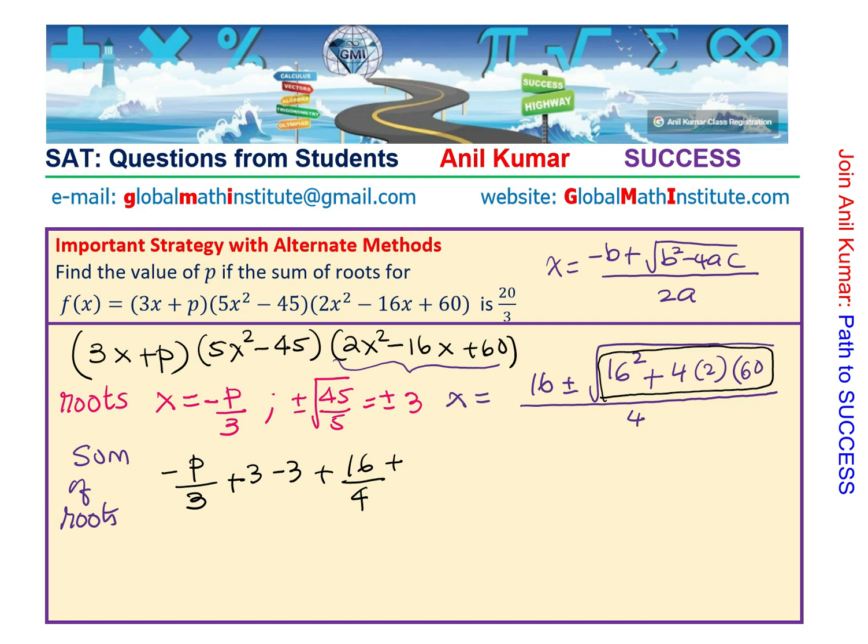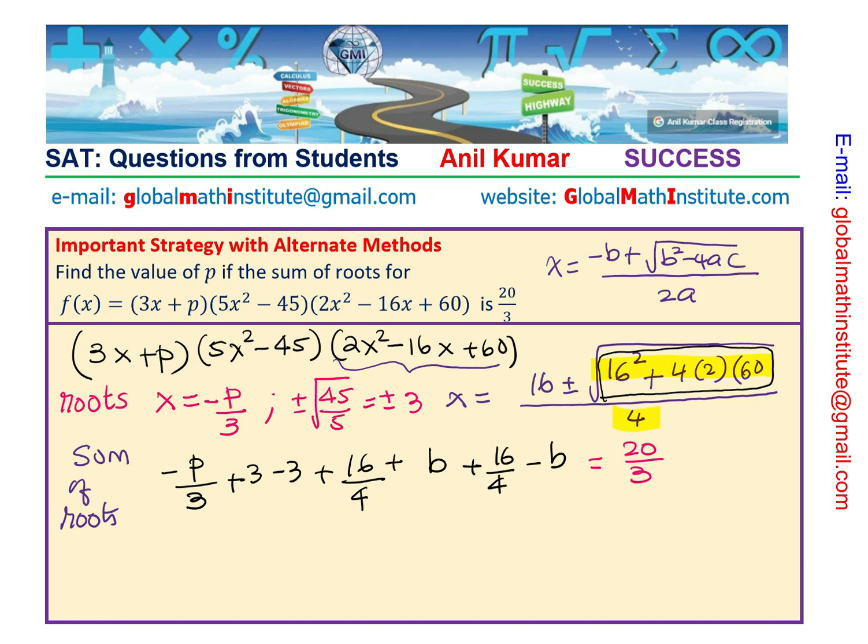So 16 plus, let's say, some value x, and let's say b, for example. And then we have plus 16 over 4 minus b, where b is equal to all this divided by this. Is that okay? So we kind of split it. And we know this is equal to 20 by 3.